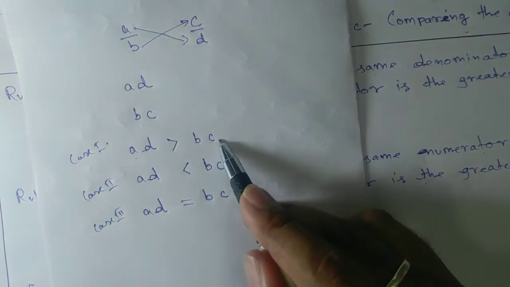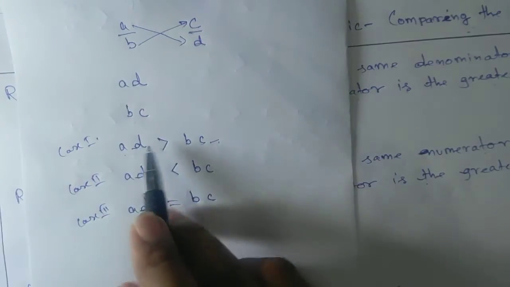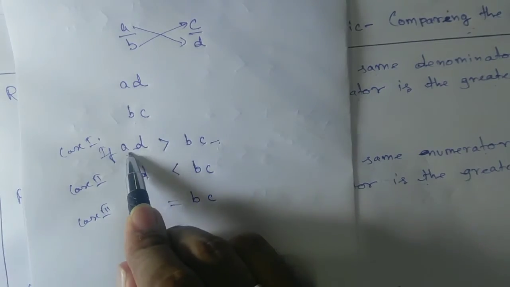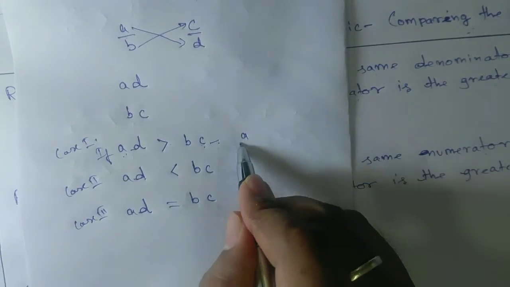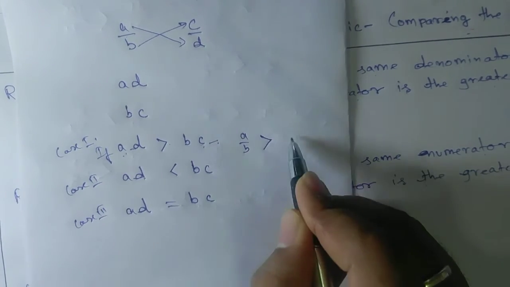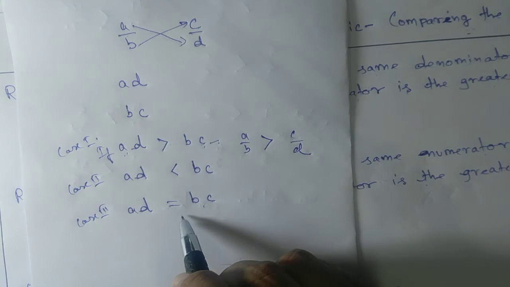If case 1 arises, that is, if AD is greater than BC, then you can conclude that A by B is greater than C by D. This is the cross multiplication method.